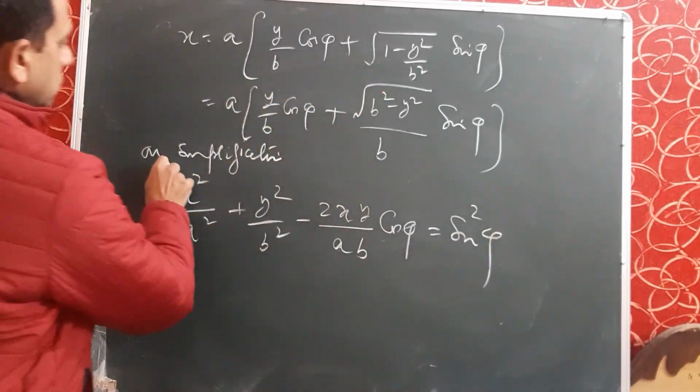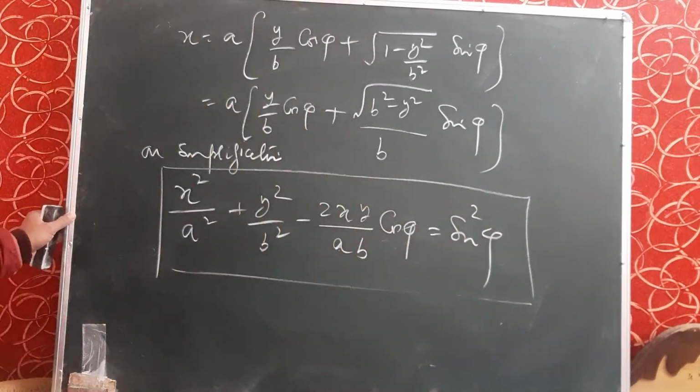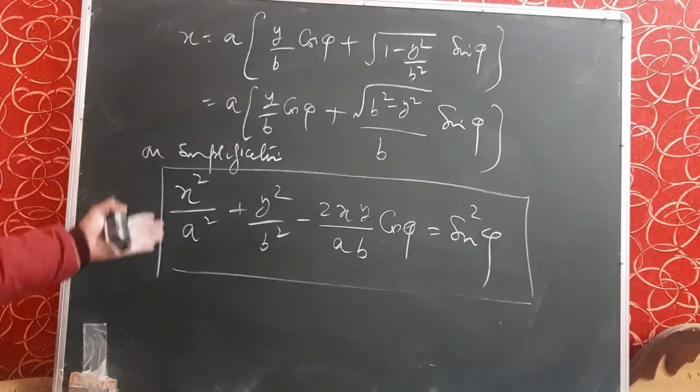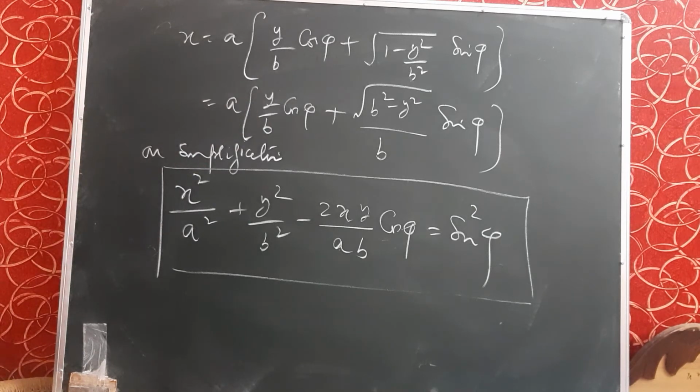So, this will be the answer which is obtained from equation number 1 and 2 on combining both. So, from this equation we can find this. This is the final combined equation.